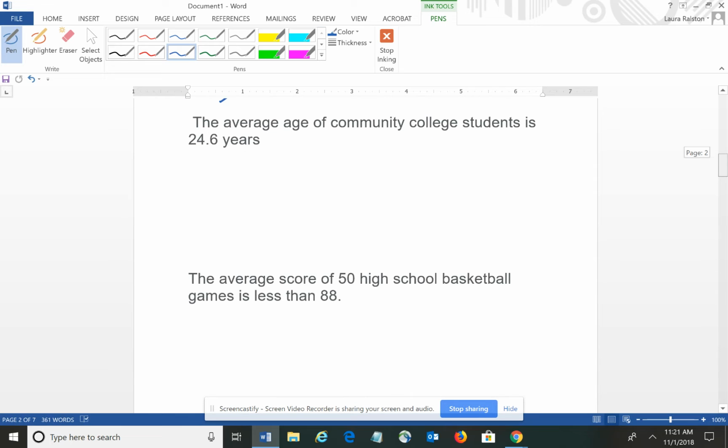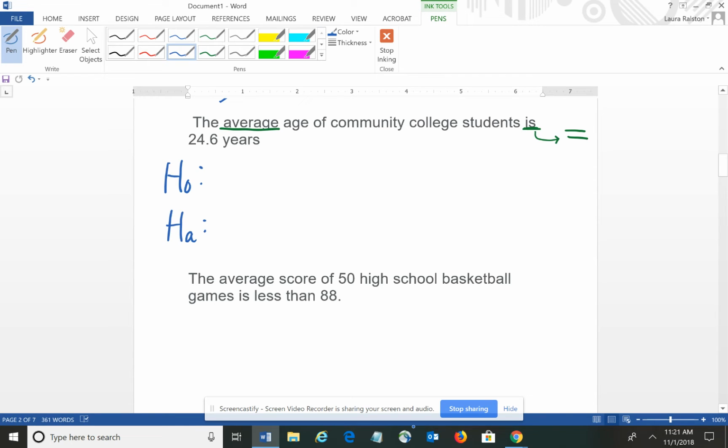All right, look at the second one. The average age of community college students is 24.6. The key word there is "is." Again, it talks about average, so that lets me know which symbol to use. "Is," I hope, triggers in your mind that we need to use the math symbol equals. So we're going to state the null hypothesis and the alternative hypothesis.